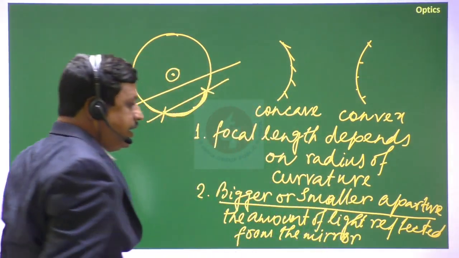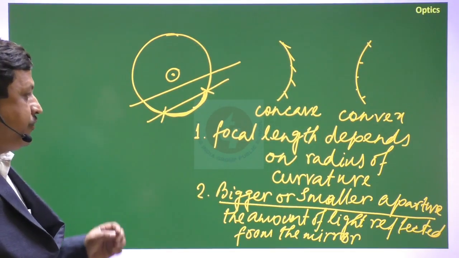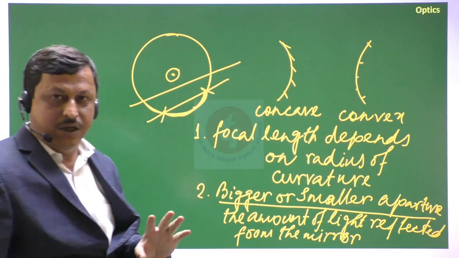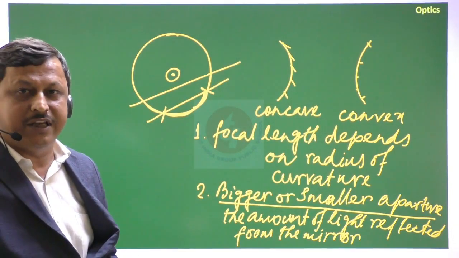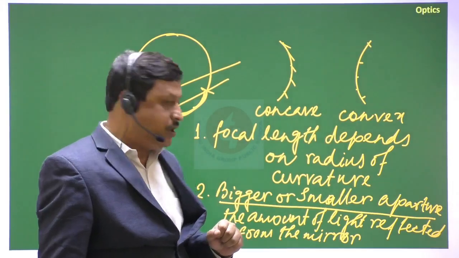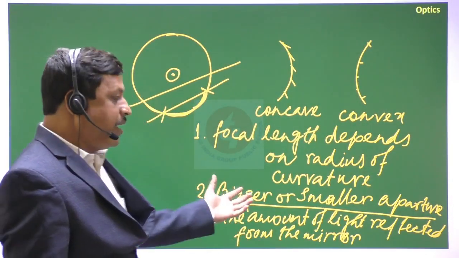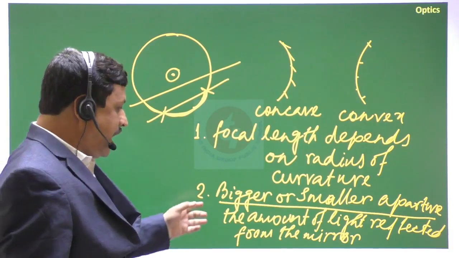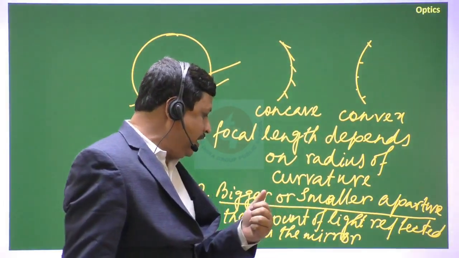I think that is clear for you. First thing, focal length doesn't depend on the size of the aperture, mind it. Focal length only depends on the radius of curvature. But a bigger aperture or a smaller aperture varies the amount of light reflected from the mirror.